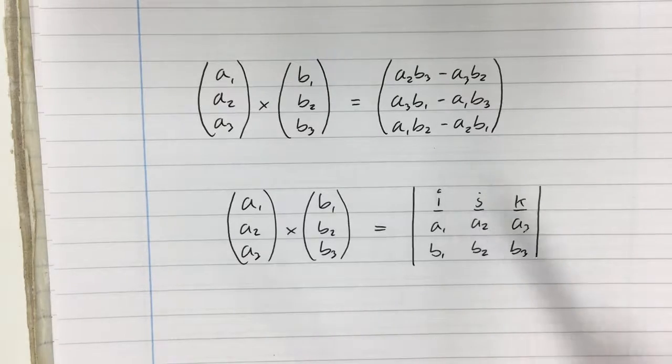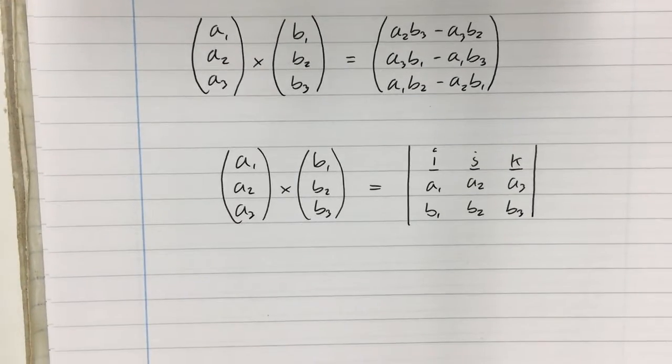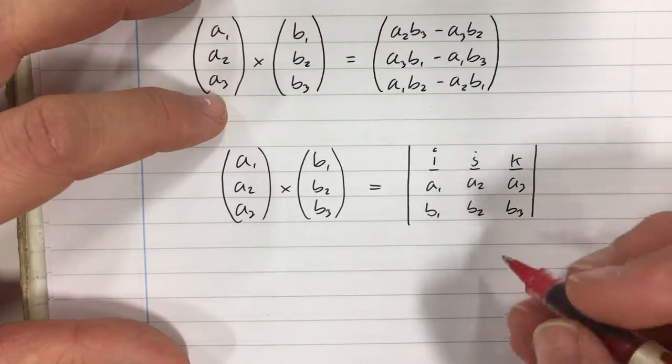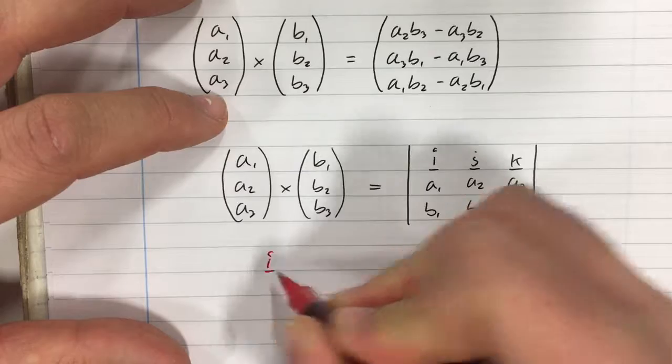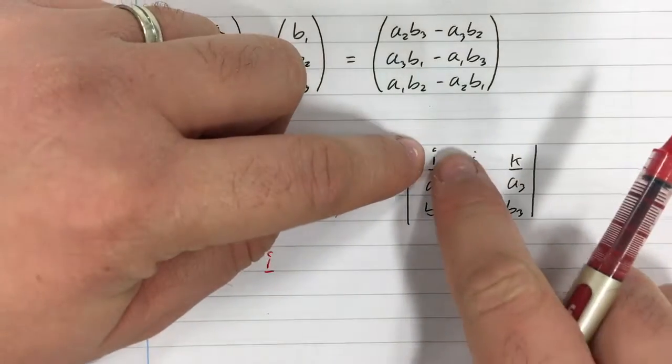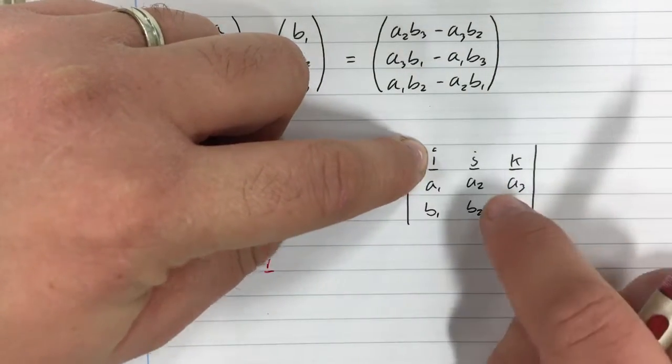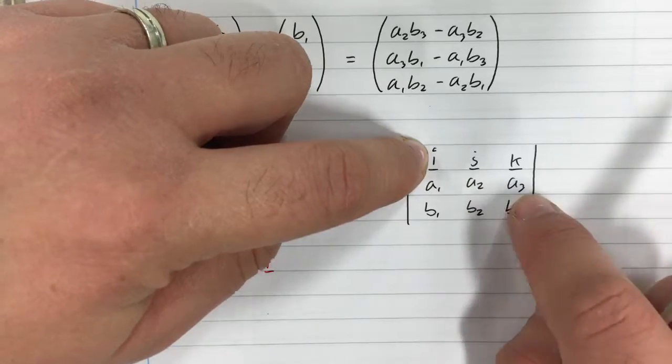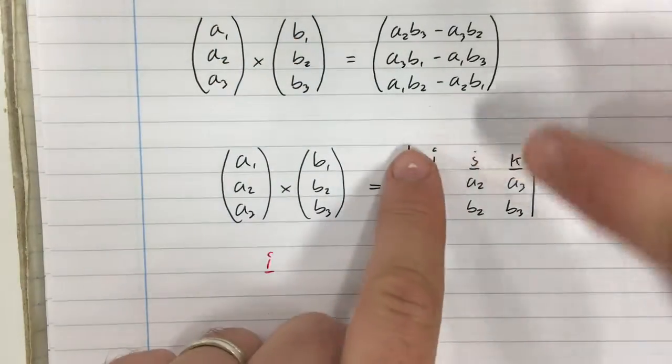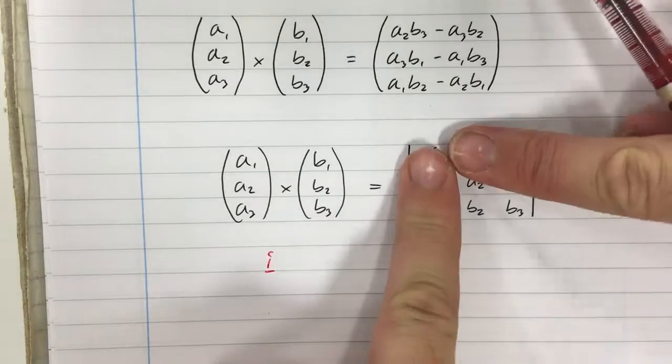So what we're going to do, just to remind you if you haven't met this already, and I've not done a video on this course yet, but the coefficient of I is going to be that times the determinant of its minor. So the minor is when you delete I's row and column.